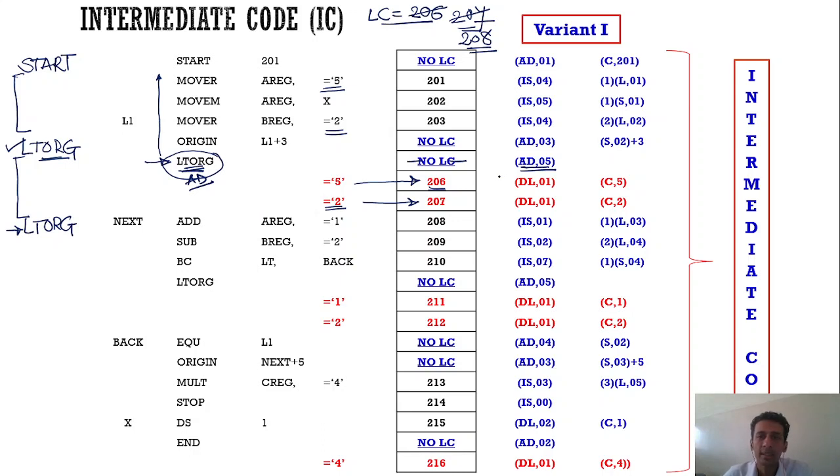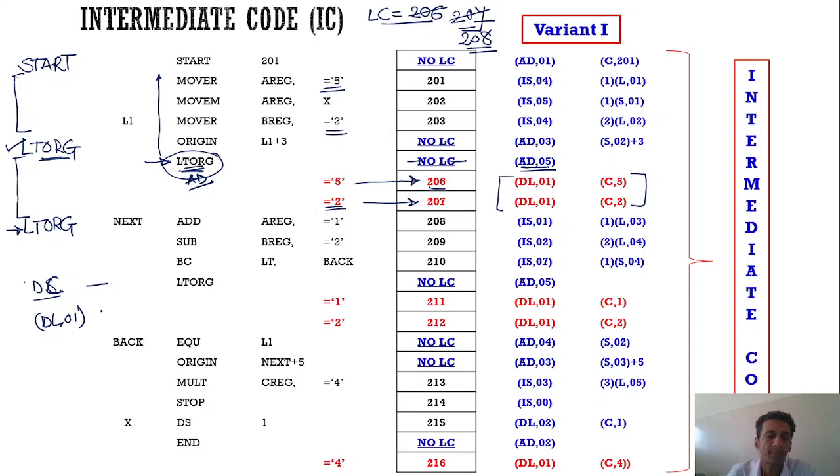Now in the intermediate code, what the assembler does is make exactly the similar adjustment as that of a DC statement. A DC statement is written as DL comma 01 followed by the operand value.